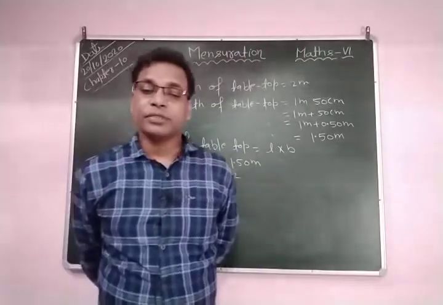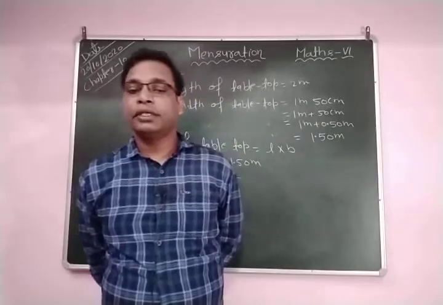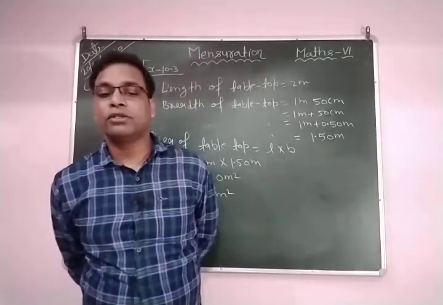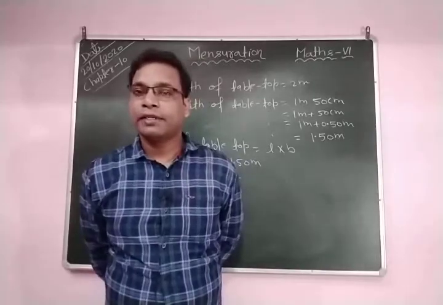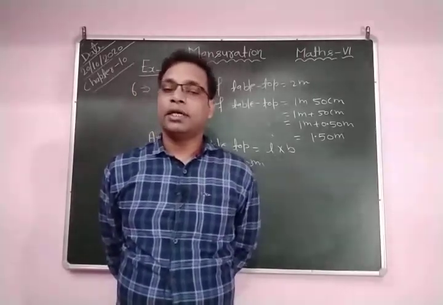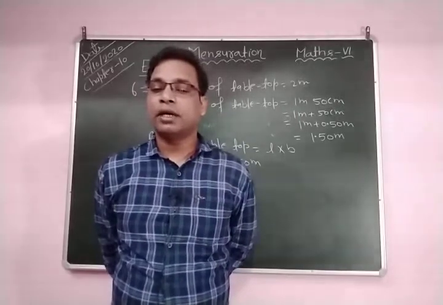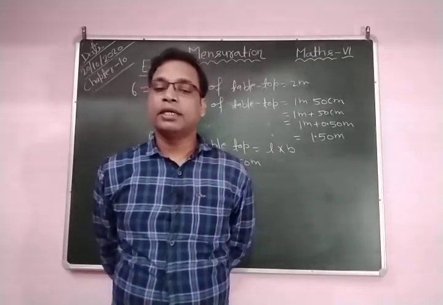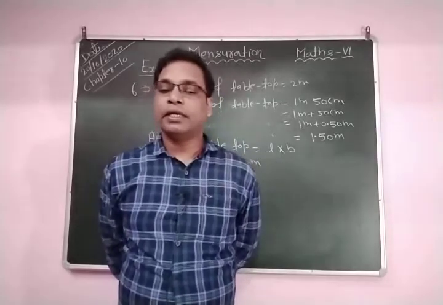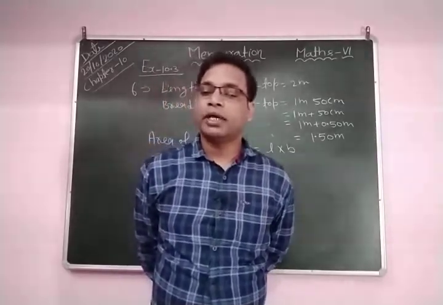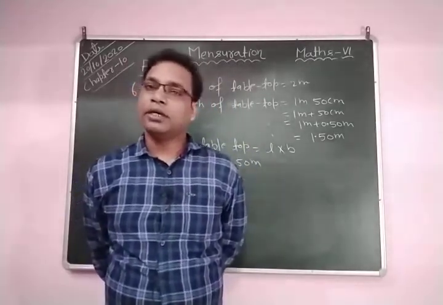Here the length of the floor is given 4 meter and the breadth of the floor is given 3 meter 50 centimeters. If you multiply them, then you find the area of the floor, that is, how many square meters of carpet are needed to cover the floor of the room.